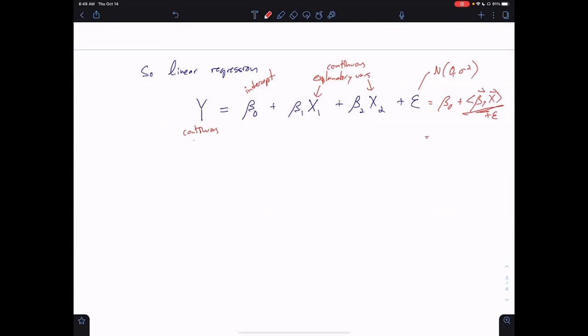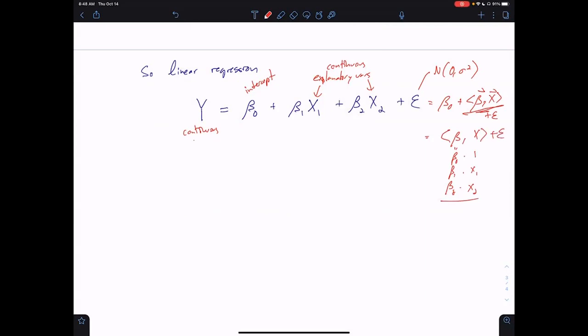And you can make that even simpler if you force your X vector to have a 1 in it, right? So if beta is beta 0, beta 1, beta 2, and X is 1, x1, x2, you're just taking the dot product of these two. So you're multiplying all these entries and then summing them up. And then we have some noise.